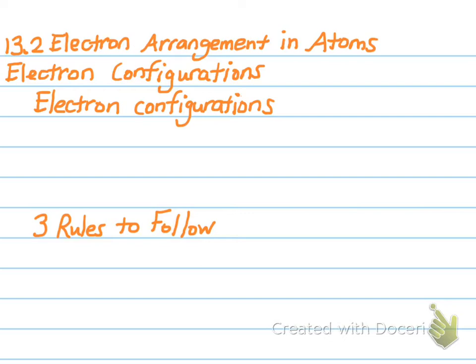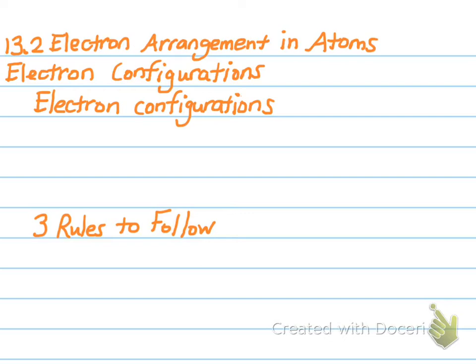Remember with the quantum mechanical model, we have the energy level, and within that energy level we have the sub-level, and the sub-levels can be S, P, D, or F. Remember, they go in order of energy from S, P, D, F, S being the lowest, F being the highest energy. Okay, so that's the sub-level.